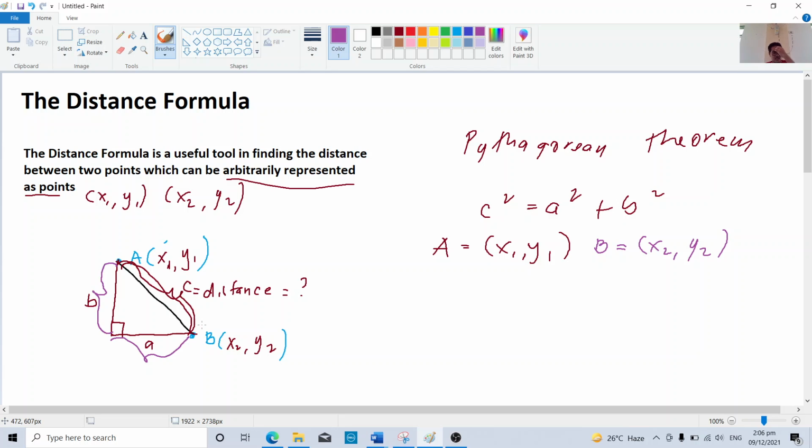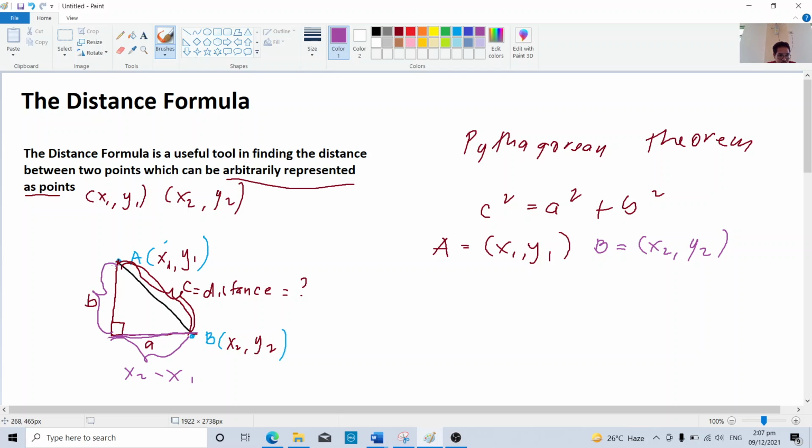Ayan. Di ba? Itong B natin, B side, that is y-axis. And yung A natin, that is the x-axis. Meaning to say, kukunin natin si x sub 2 minus x sub 1 because horizontal to. Nasa x-axis tayo.